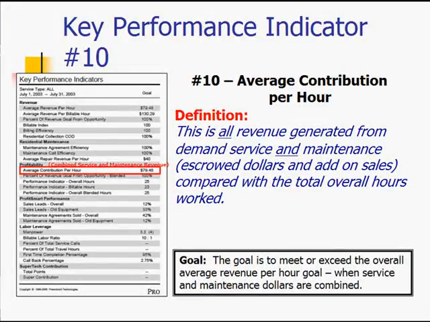If you look all the way to the top of your report, you notice our average revenue per hour was $79.48 as well. So again, we could be perhaps low in our demand service dollars and high in maintenance, or we could be high in maintenance and low in demand service. What we're looking at here is a combination of all the work that we do. As long as we're hitting our goal here, everything else should be in really good shape.